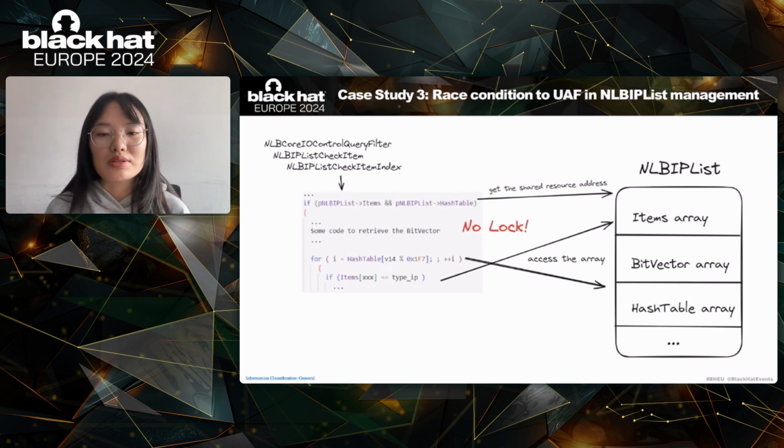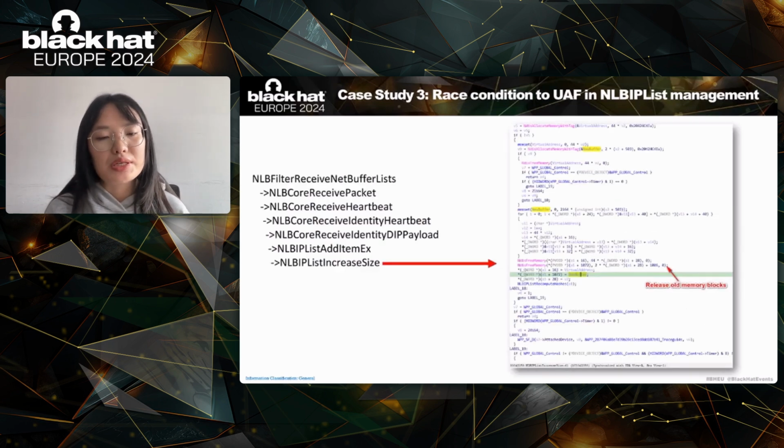As shown in the diagram, the code gets a shared resource address and accesses the items array, but without a lock. Now we just need to find a release point, like NLB IP list increase size.